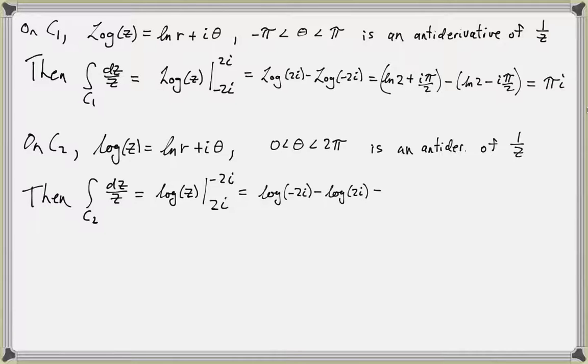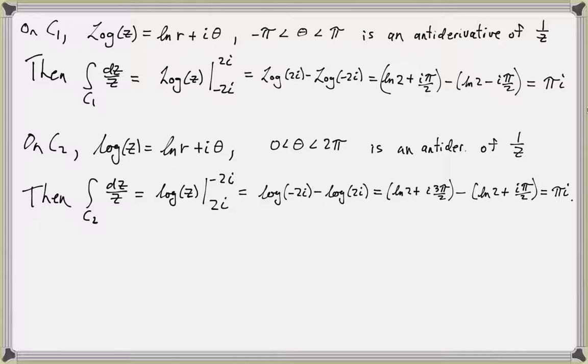And for this branch of log, this will equal the natural log of 2 plus, now the argument will be 3 pi over 2 i, minus the natural log of 2 minus pi i over 2. So the argument of 2i is still pi over 2. And then when we simplify this, we get pi i.